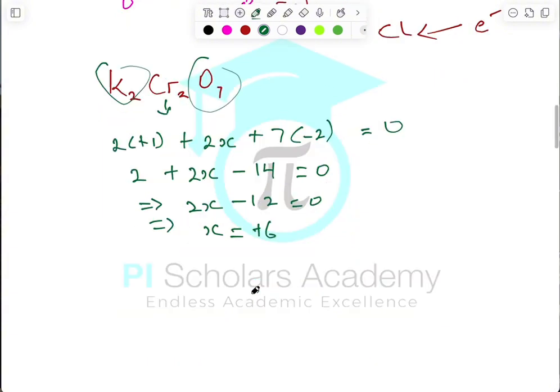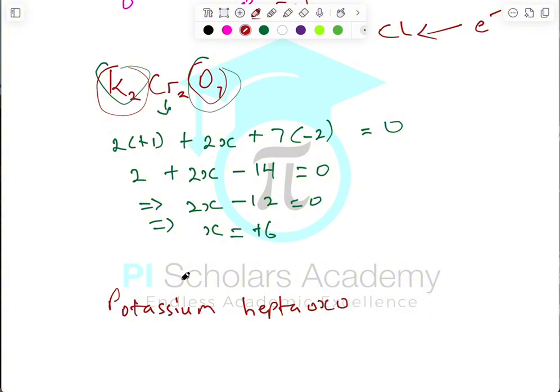So therefore, let us now name this. The way you do it is that you name the cation first, which is, in this case, potassium. So you have potassium, then you go to the oxygen part, and you say, how many oxygen do we have here? 7. 7 is hepta. So you have heptaoxo, potassium heptaoxo.